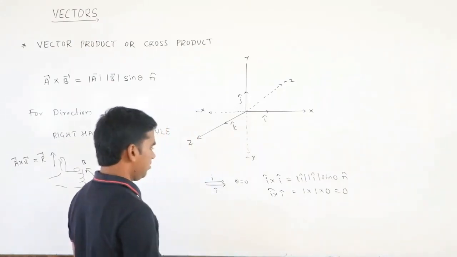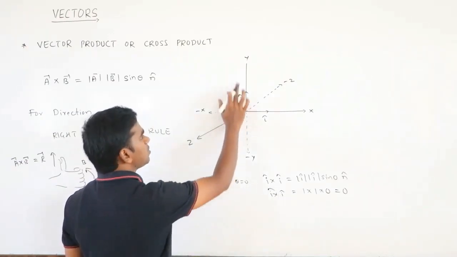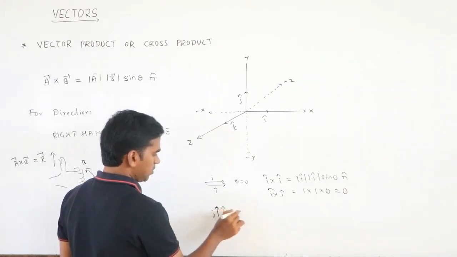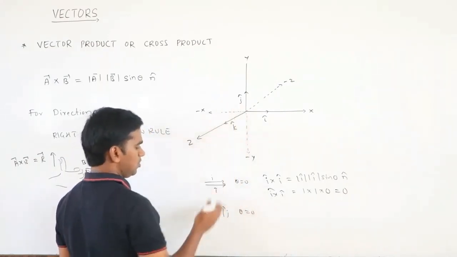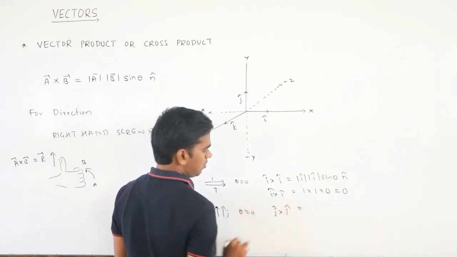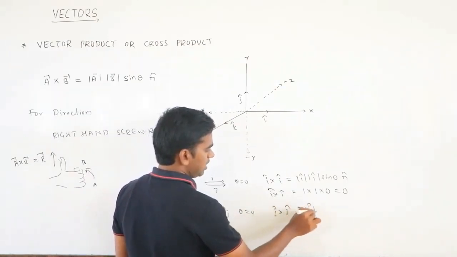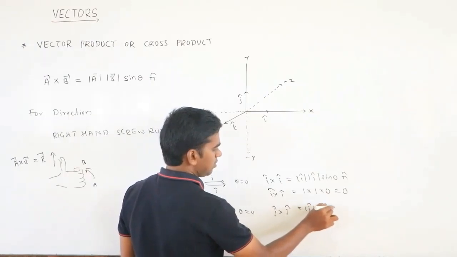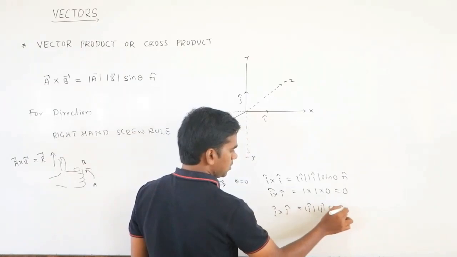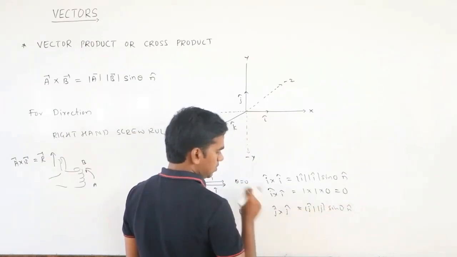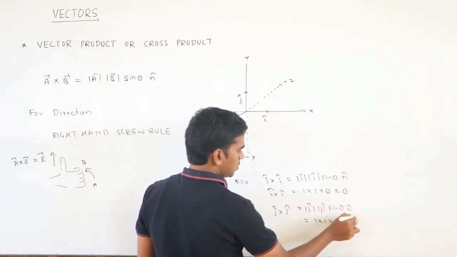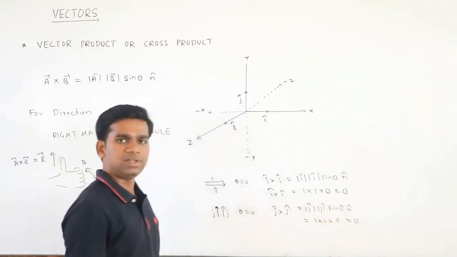Similarly, if I take two vectors along the j direction, j cap, theta is again 0. So j cap cross j cap is the magnitude of j cap, sine of the angle between them, which is 0. So the answer will be 1 into 0, that is 0.